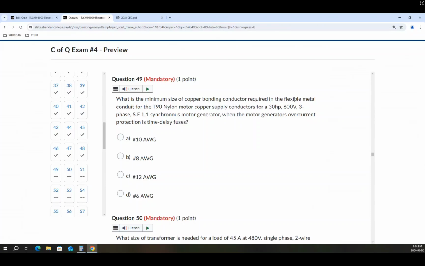Number 49. What's the minimum size of copper bonding conductor required in flexible metallic conduit with T90 nylon motor copper supply conductors for 30 horse, 600 volt, 3-phase, service factor of 1.1, a synchronous motor generator when the motor generator's overcurrent protection is time delay fuses.